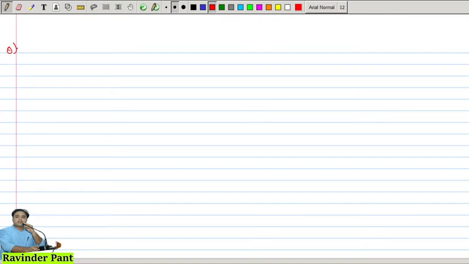So the next question says that two regression lines are given: 3x plus 2y is equal to 26 and 6x plus y is equal to 31. Fine.